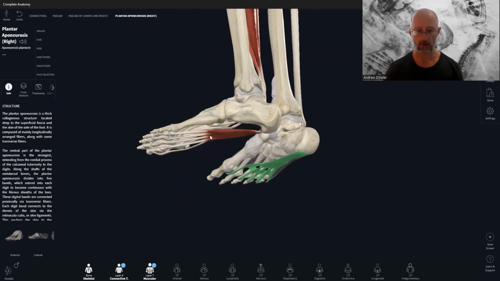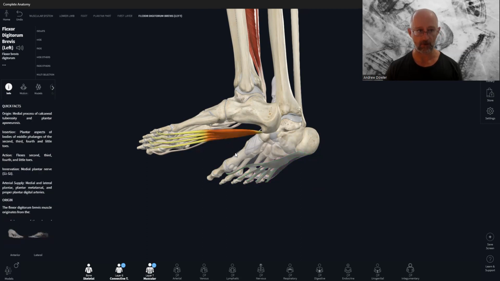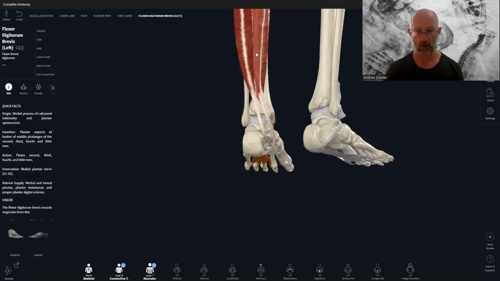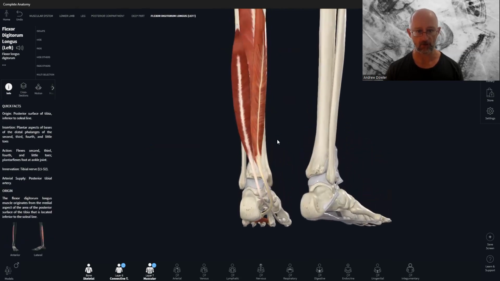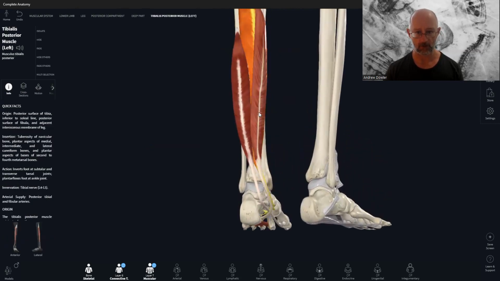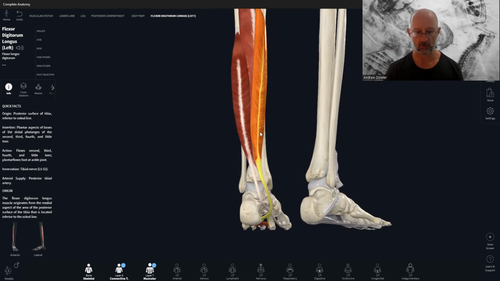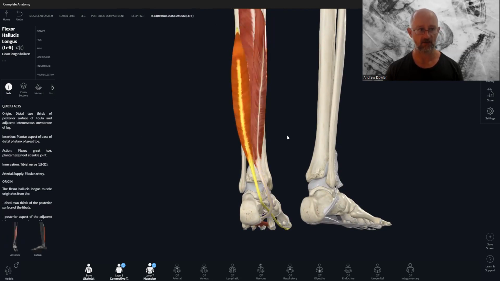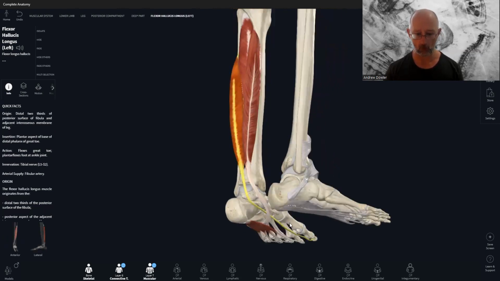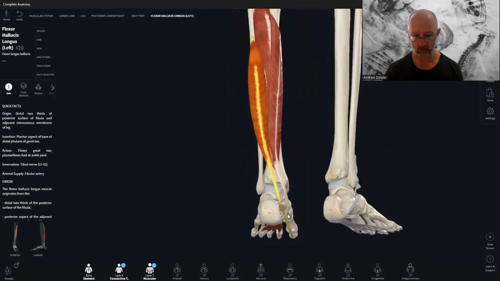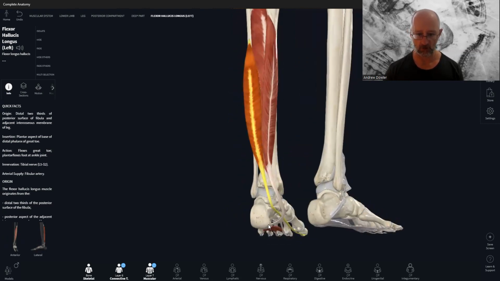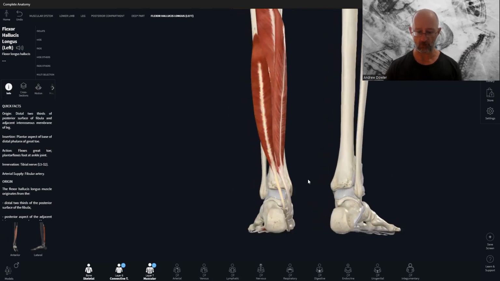With that one and the Flexor Digitorum brevis, they work together. And then you have the Tibialis Posterior, the Flexor Digitorum Longus, and the Flexor Hallucis Longus, all working to support the arch of the foot. So if this group is weak, then you're going to get all kinds of problems.